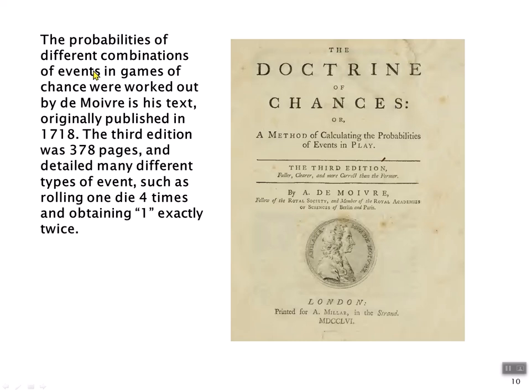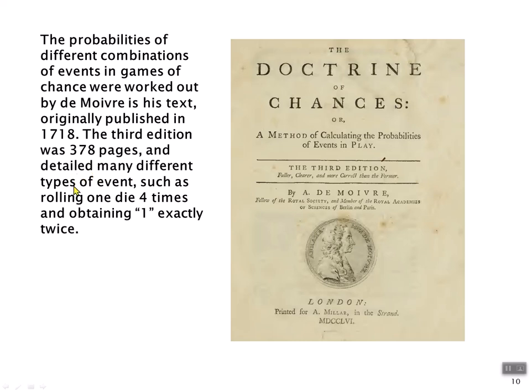The probabilities of different events in terms of gambling, games of chance, were worked out in some detail by de Moivre in his text that was originally published in 1718. The third edition of his text was 378 pages. This is the third edition here. I don't have the actual book; I got this screenshot on the internet.